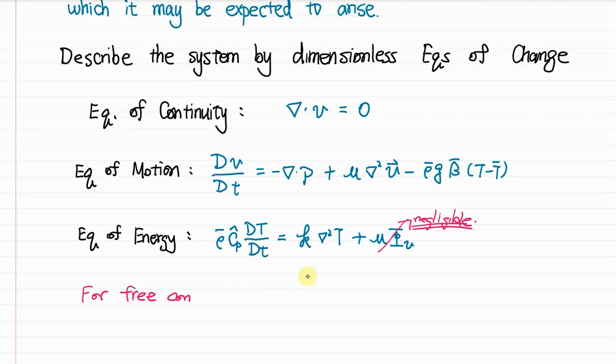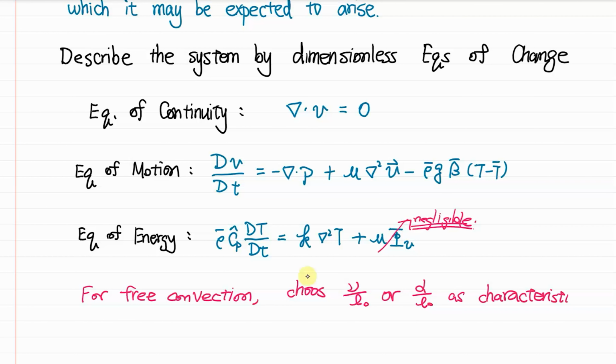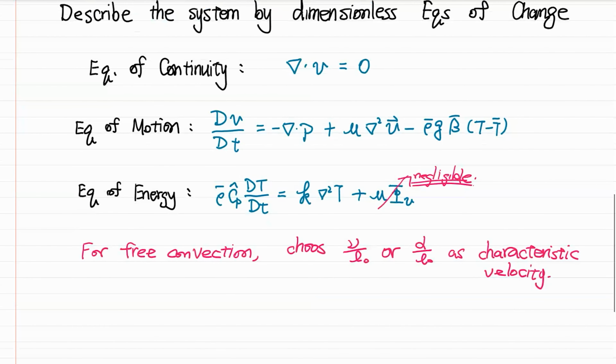If it's not a creeping flow problem, we would choose the kinematic viscosity over L naught, or alpha over L naught, as our characteristic velocity. And for this particular problem, we can view it as a creeping flow problem. So the dimensionless forms become the following.